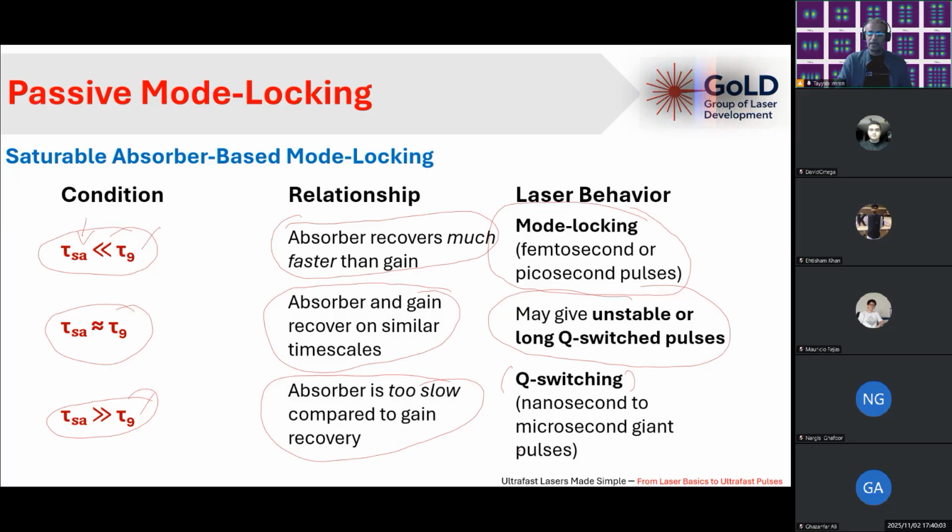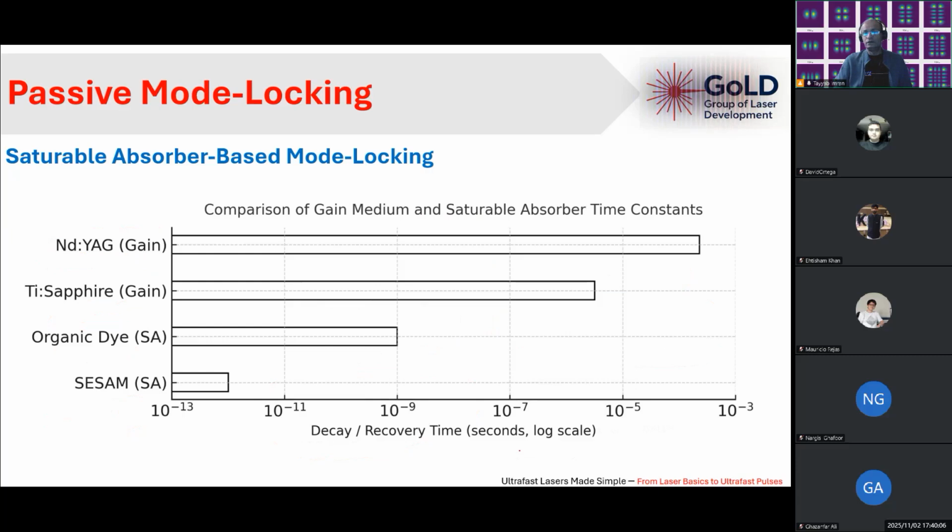Okay, and here is also a comparison. Whatever gain medium we use, we have to choose the saturable absorber according to that, comparable with the decay time. So for Nd:YAG, on this scale you have the decay or recovery time.